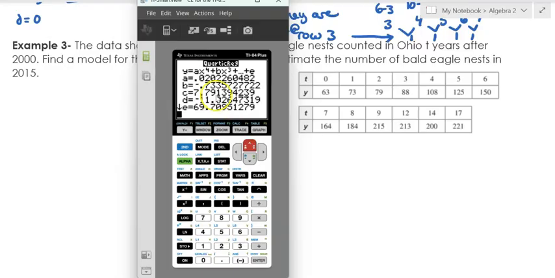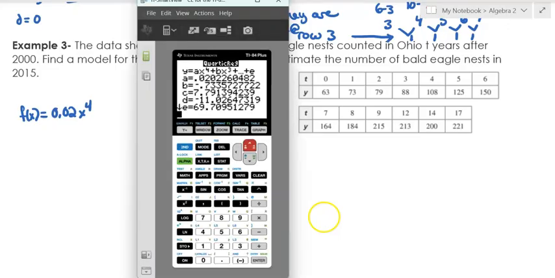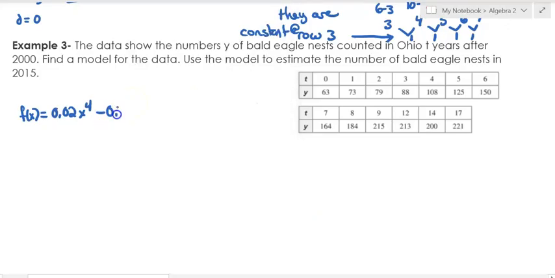So you can see the format here. It says it's ax to the 4th. So a is 0.0202. You could probably just round it off. I didn't necessarily say what to, so I'm just going to call it 0.02. So it's f of x equals 0.02x to the 4th. Now look again for your b value. B is minus 0.73, and that's x cubed.